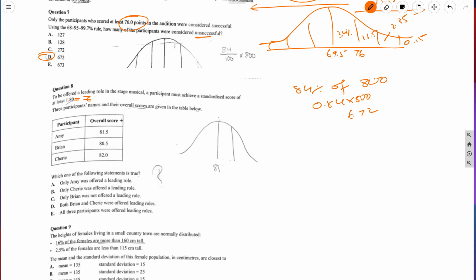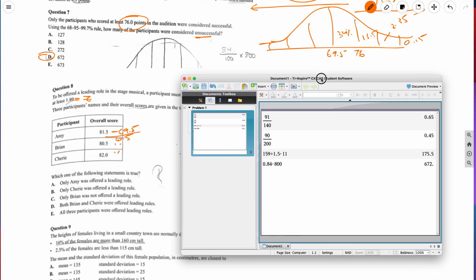So it looks like we've got to convert everything to Z scores. So let's do that. We'd go X, take away the mean, divide by the standard deviation, and we'll do the same on all of the others. So let's again bring back CAS. I'll just move this out of the way so I can see.